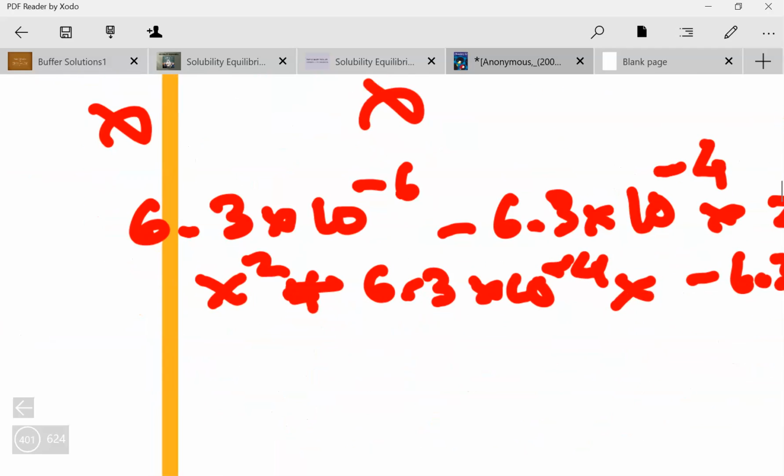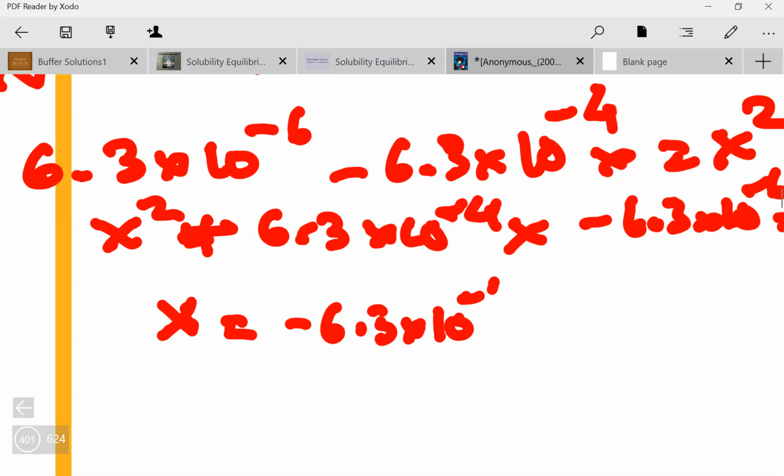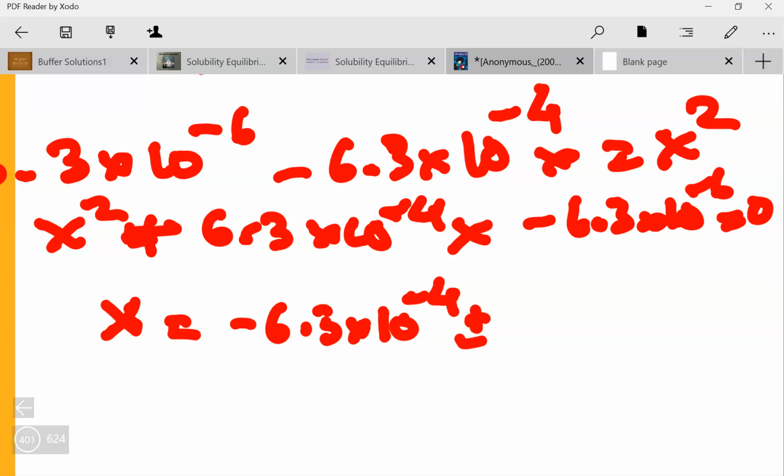Now, unfortunately, we have to use the quadratic formula. So x equals, oh dear, negative b, which is negative 6.3 times 10 to the power negative 4, plus or minus the square root of b squared minus 4ac. So I'm going to do that. 6.3 times 10 to the power negative 4 squared minus 4 times 1 times 6.3 times 10 to the power negative 6.